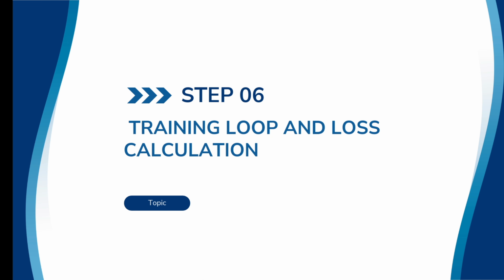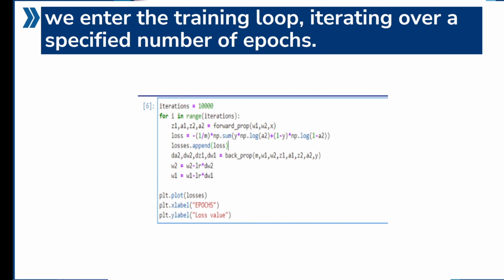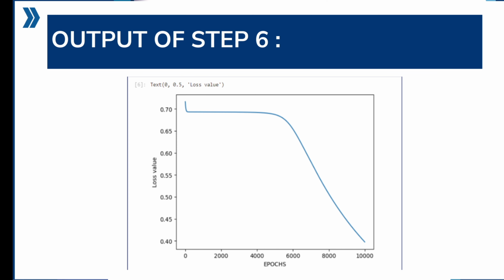Step 6, training loop and loss calculations. We enter a training loop iterating over a specific number of epochs. So this many iterations will be carried out in the training loop, ranging from 0 to 10,000 or so, and it will check the losses and the weights and plot the epochs and loss values on the x-axis and y-axis.